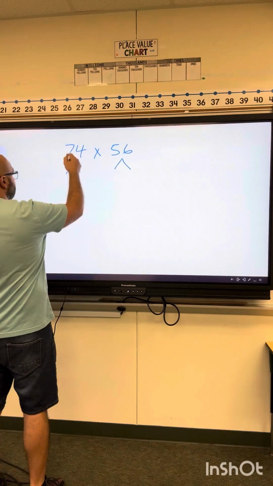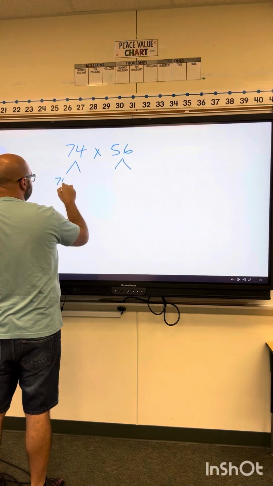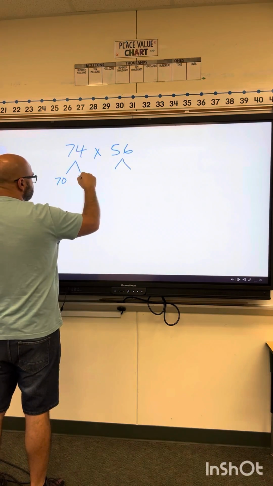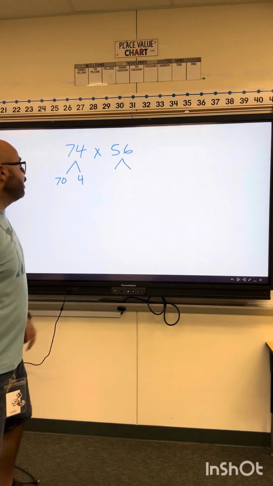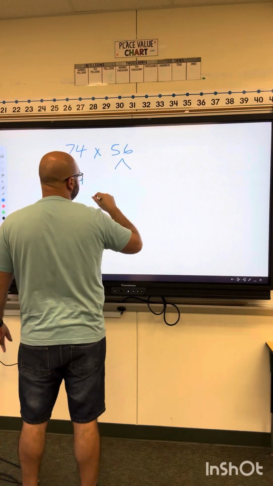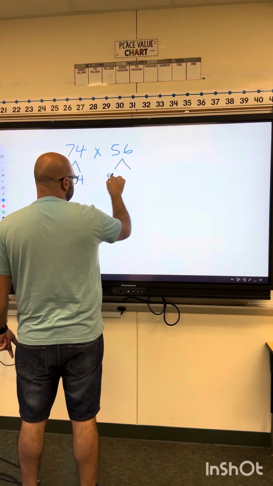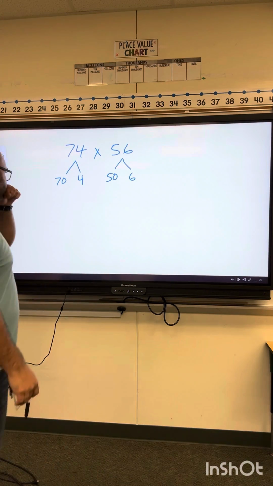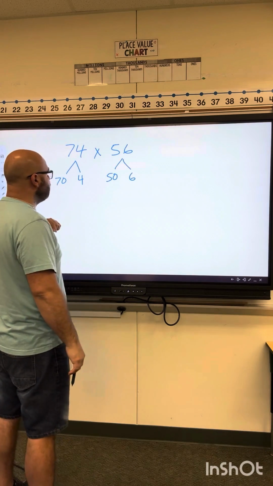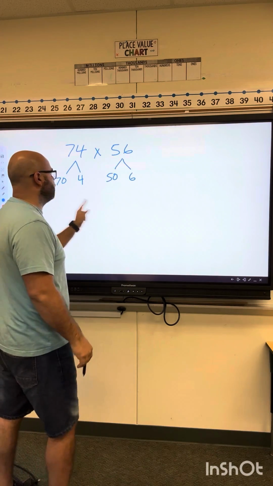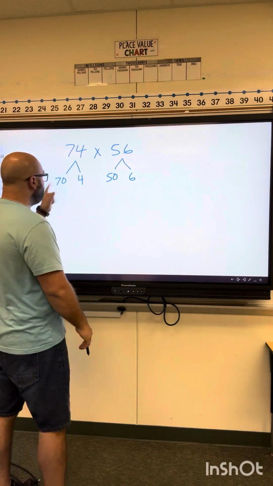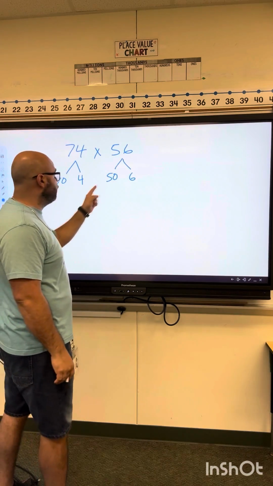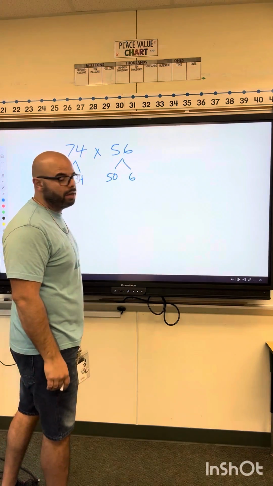The value of the 7 is 70, the value of that 4 is 4. Now you break this 56 into its value, 50 and 6. So now, the 70 is going to have a turn with the 50 and the 6. The 4 is going to have a turn with the 50 and the 6.